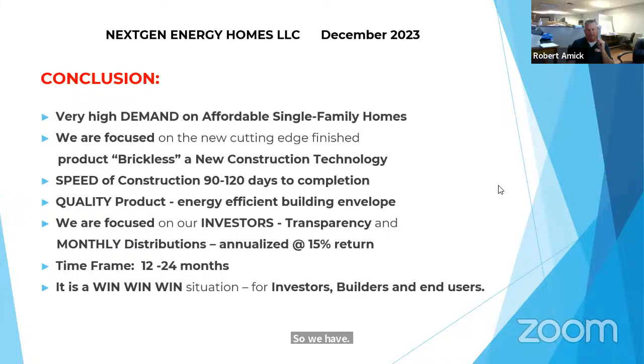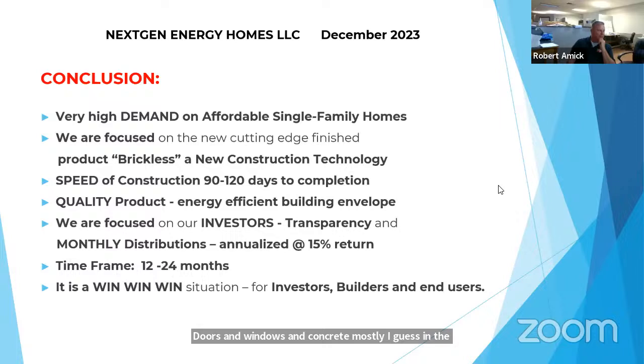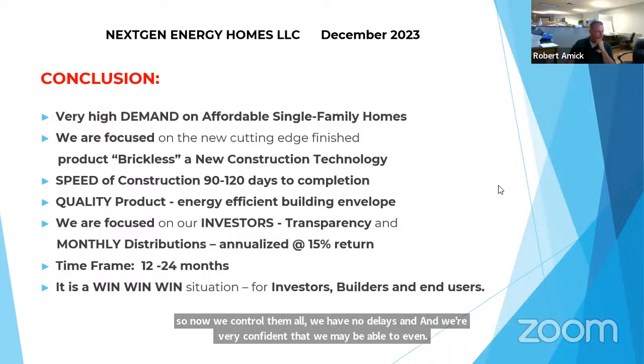What we did is we went after all of the trades that always give us the most problems and are delayed and backed up. And it's electric, doors and windows, and concrete mostly, I guess, and the septic as well. So we've assembled that entire group under our roof. And so now we control them all and we have no delays. And we're very confident that we may be able to even beat the 120-day average.